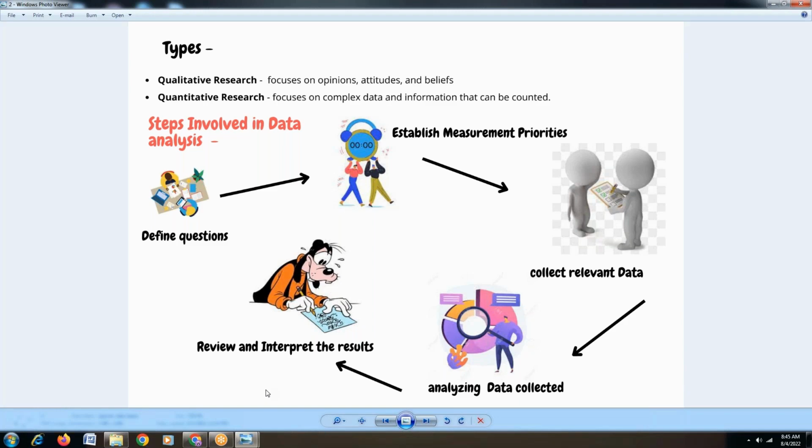So when it comes to data analysis tools, there are a lot of tools available. As I mentioned some time back, Excel will be used here, R programming, SPSS, Tableau, Power BI, Python, even QlikView, right? So these are the different tools we use to analyze the data we have collected.